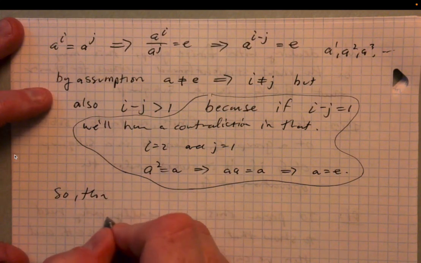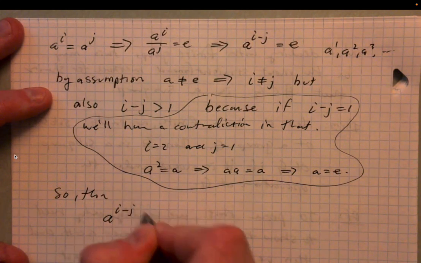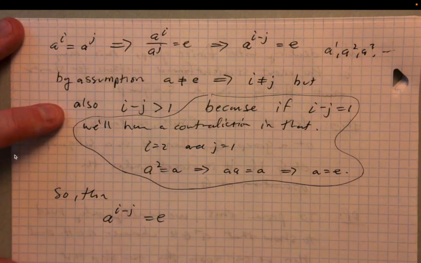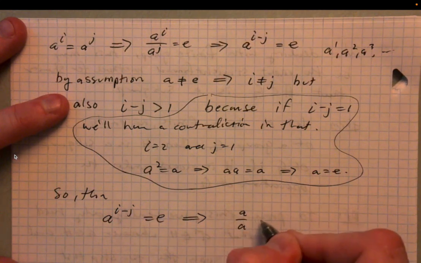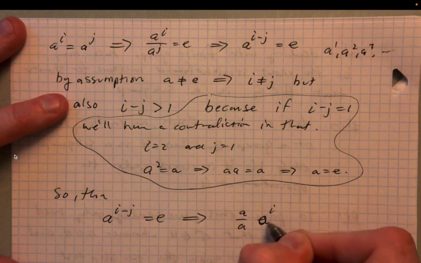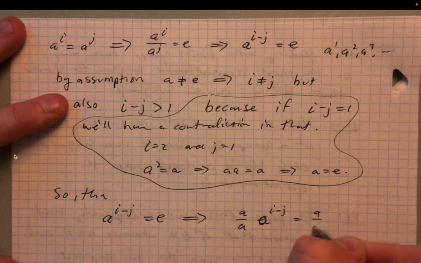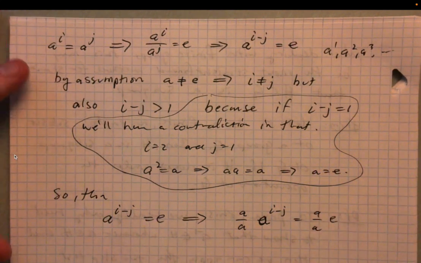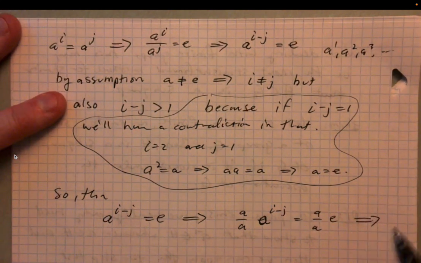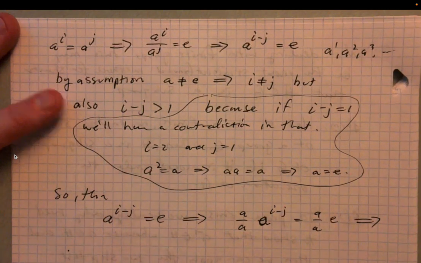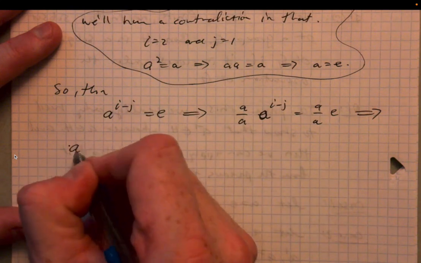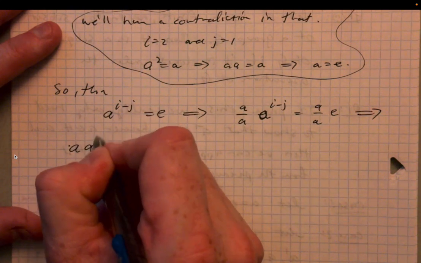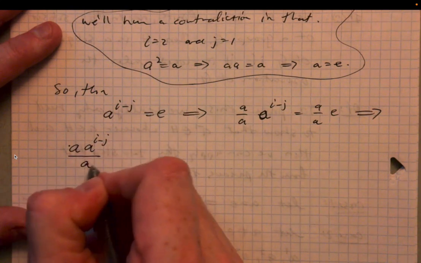We have that a to the i minus j power is equal to e. Let's just do a little bit of arithmetic on this. Let's multiply and divide by a simultaneously. So a over a times a to the i minus j is equal to a over a times e. On the left-hand side here we have a times a to the i minus j over a.